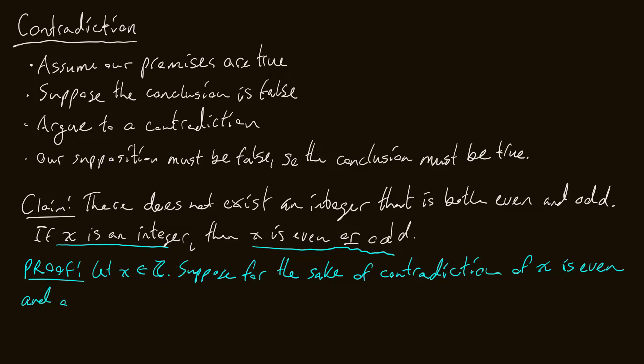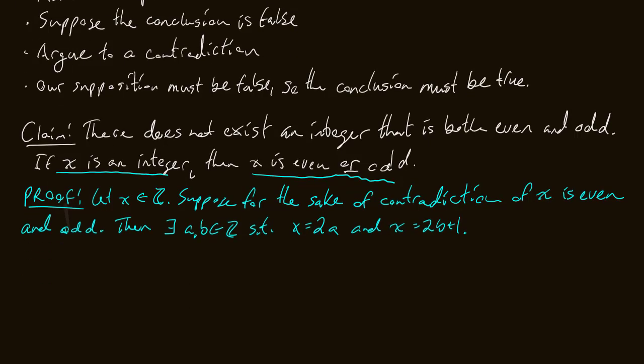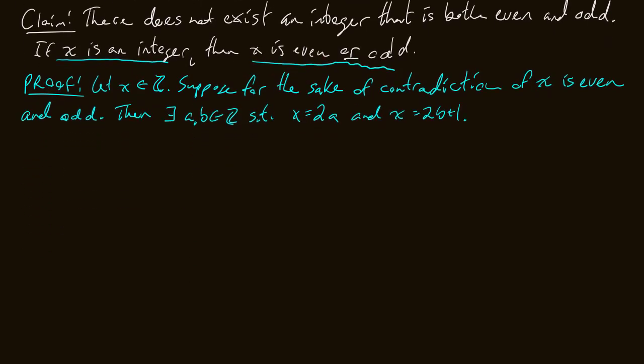Then there exist integers a and b such that x is equal to 2a, because that's our definition of an even number, and x is equal to 2b plus 1, because that's our definition of an odd number. So if x is equal to 2a and x is equal to 2b plus 1, then 2a is equal to 2b plus 1.